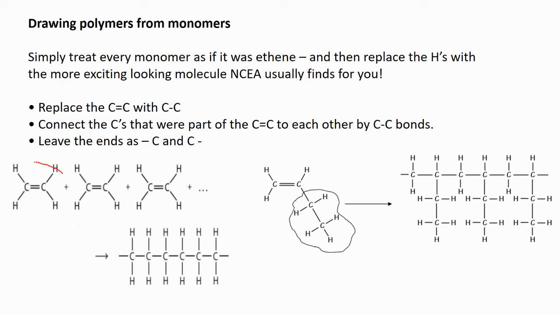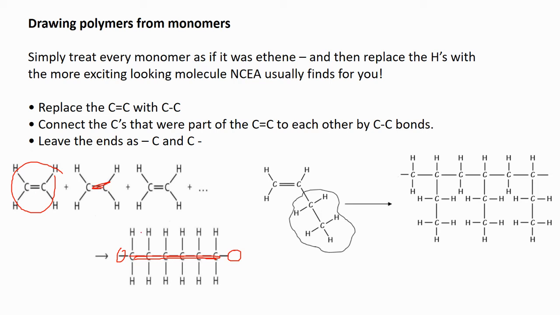So in this example here, you've got ethene, and you replace the carbon-carbon double bond with a single bond. We've got 3 repeating units. You're often asked for 3 repeating units. You connect the carbons that were part of the carbon-carbon double bond to each other, so they're all connected, and then you leave the ends open here and here because it's repeating. So that's the base one.